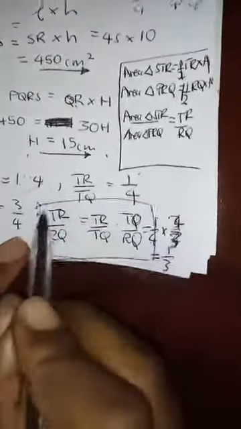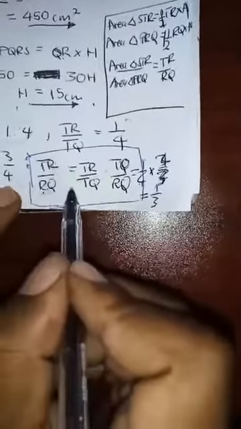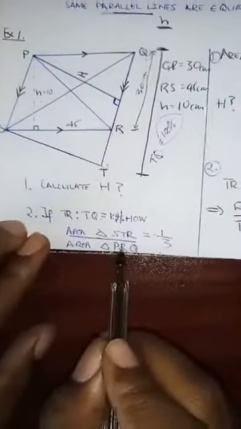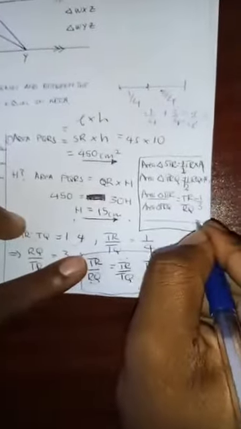And we've just shown that TR over RQ is 1 over 3. So this is equal to 1 over 3, which is what we were supposed to show: that the area of triangle STR over the area of triangle PRQ is 1 over 3. So that's what we needed to show, and this is correct.